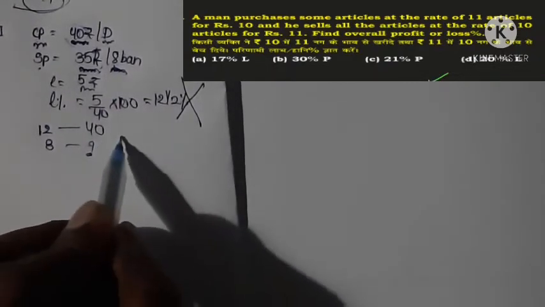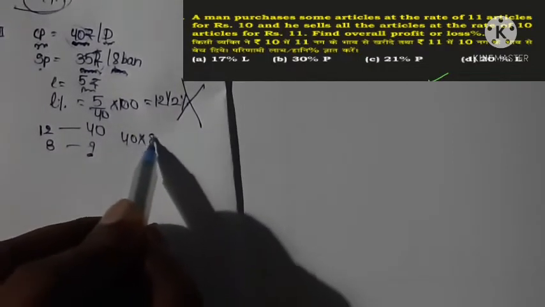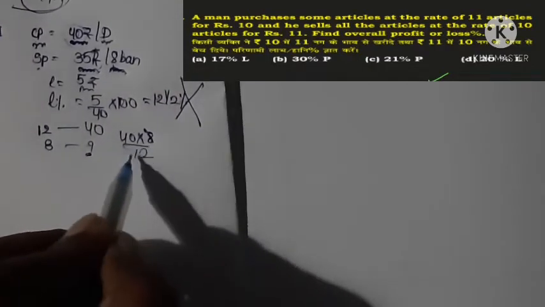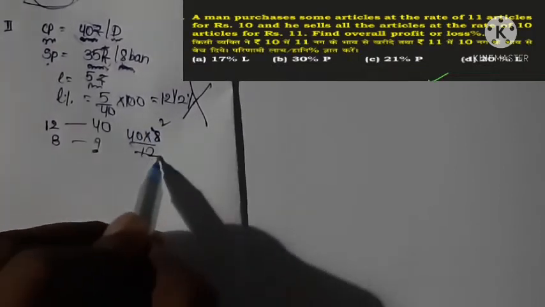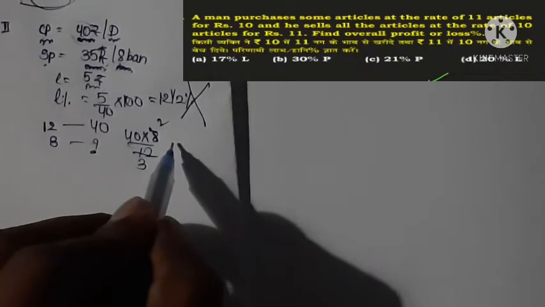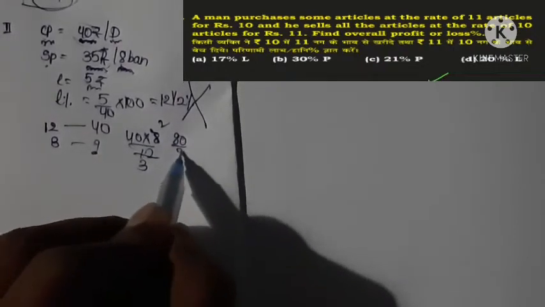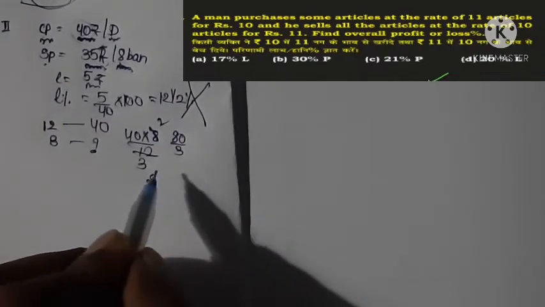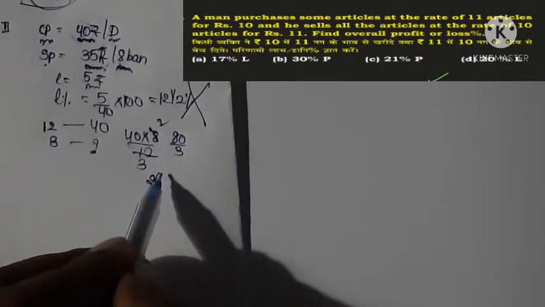So that value is 40 into 8 by 12. So 2 times, 3 times. So 80 by 3. That value is 26 2 by 3.